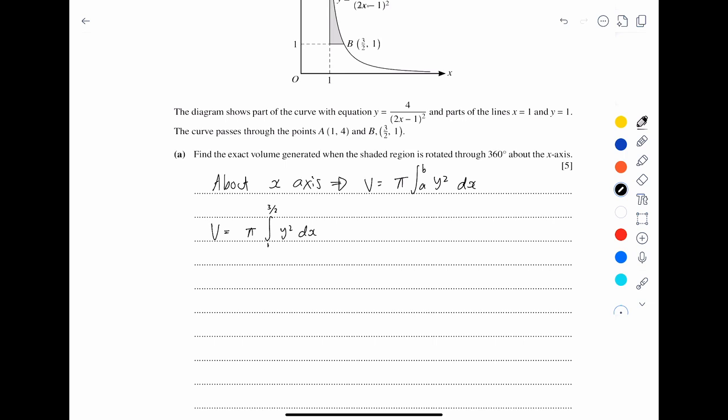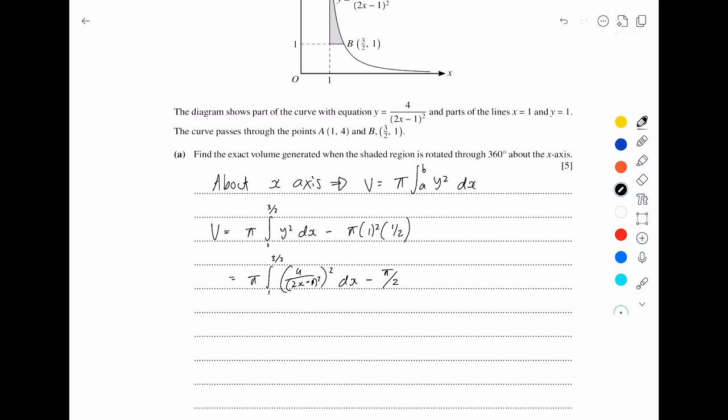As a result, with this cylinder volume in mind, we can say that our volume is actually pi times the integral between 3 over 2 and 1 of 4 over (2x minus 1) squared dx, minus pi over 2.